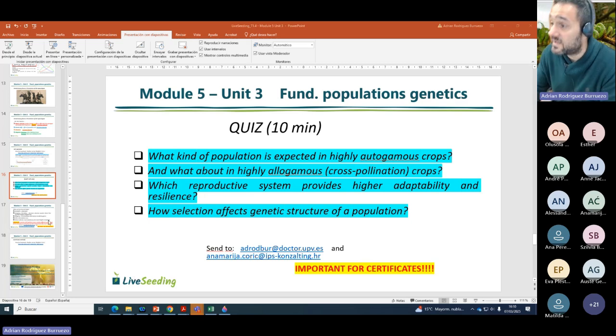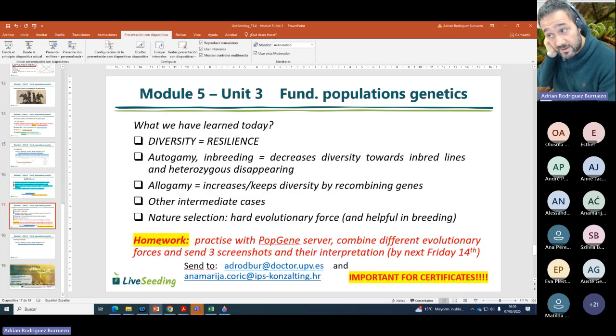And just to finish, what we have learned today: diversity equals resilience. Autogamy, in breeding terms, decreases diversity towards inbred lines, provoking also the disappearance of heterozygous individuals or genes, while allogamy, cross-pollination, increases or keeps diversity by recombining genes and alleles.